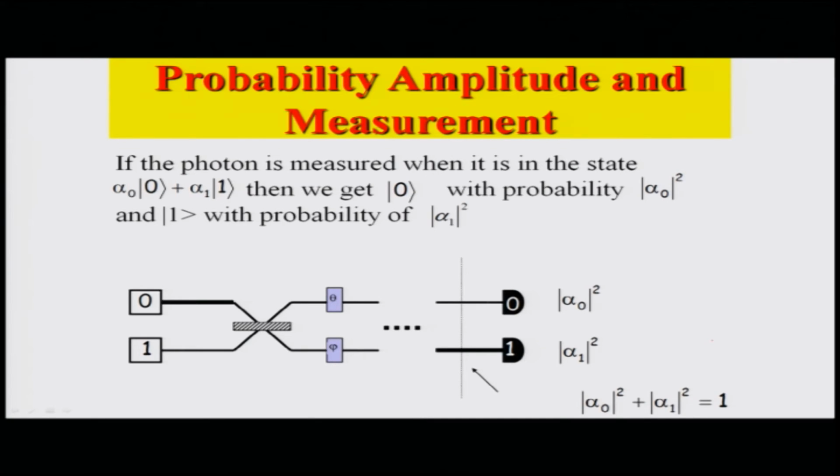So, the probability amplitude and measurement in this particular process can lead to the same kind of probability amplitudes that we are used to. If the photon is measured when it is in the state, say, alpha 0 times the first qubit and alpha 1 times the second qubit, then we can measure 0, the first qubit, with probability of alpha naught mod squared and the second qubit 1 with probability of alpha 1 mod squared, which are basically their coefficients.